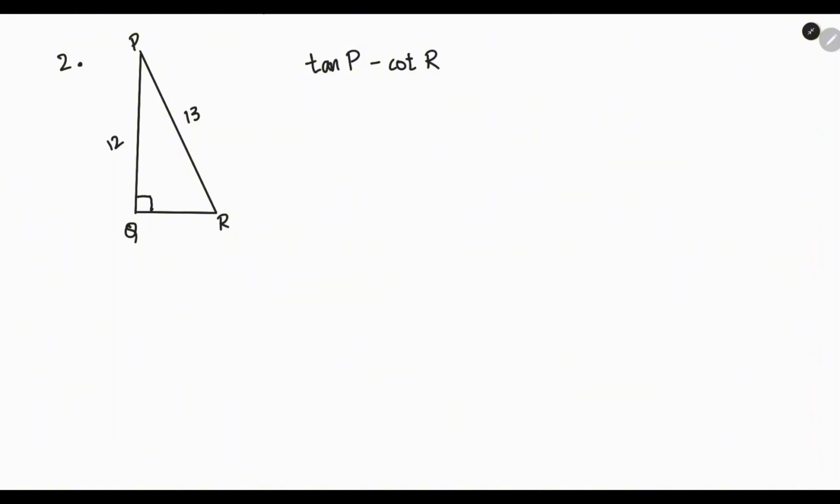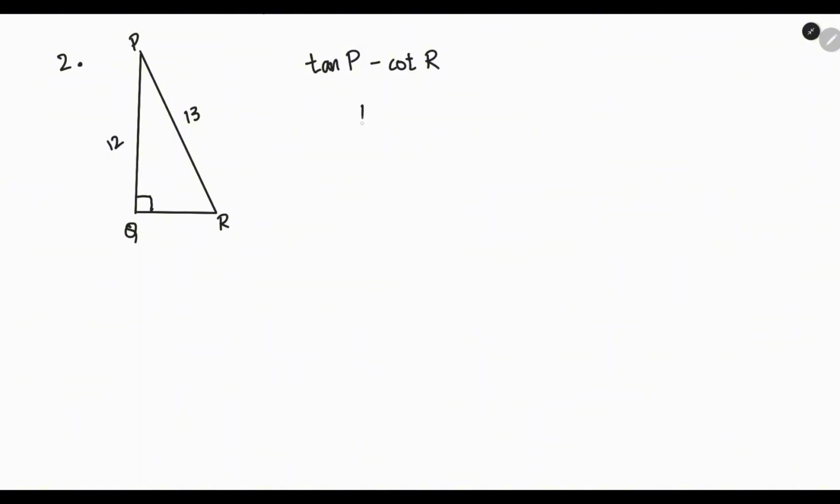Here we are given a triangle PQR where Q is the right angle, PQ is 12 and hypotenuse PR is 13. We have to find tan P minus cot R. Now back to the definitions. We'll use Pythagoras theorem to find the other side first.